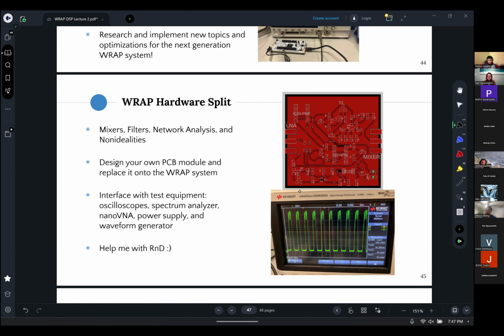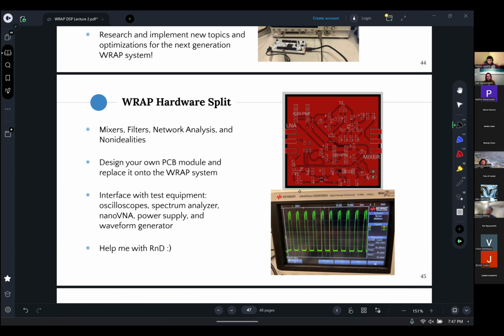What's planned for RAP in terms of the capstone: if you've seen the RAP system, it's built in terms of PCB modules. So what you would do is design your own PCB module to replace one in the RAP system, and then test it by connecting it up to the actual RAP system to see if it functions.